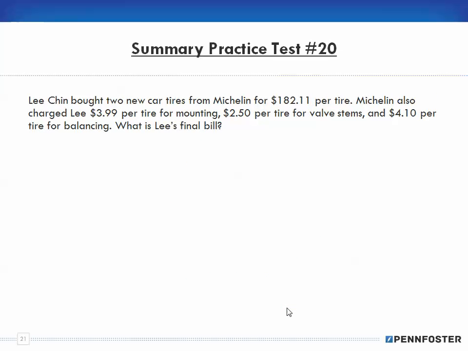Next, question number 20. Lee Chin bought 2 new car tires from Michelin for $182.11 per tire. Michelin also charged $3.99 per tire for mounting, $2.50 per tire for valve stems, and $4.10 for tire balancing.